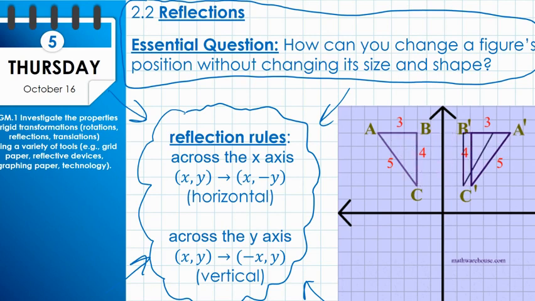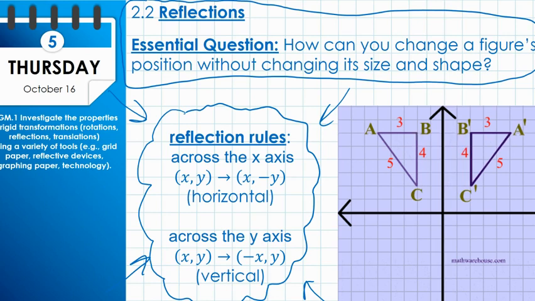So for reflections, the one thing that you should make sure that you're looking for is mirror images. And so we've already said that we consider a reflection a flip. What you're looking at on your screen is the image being flipped from one side of the coordinate plane to the other.